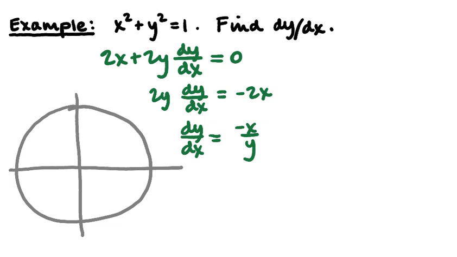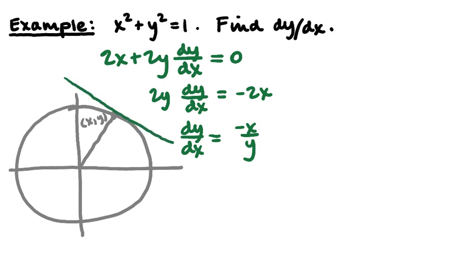Think about a radius. It's a radius to the point x and y. Well, what is the slope of that radius? Yeah, y over x. But what we just saw was that the derivative, or the slope of the tangent line, was negative x over y.